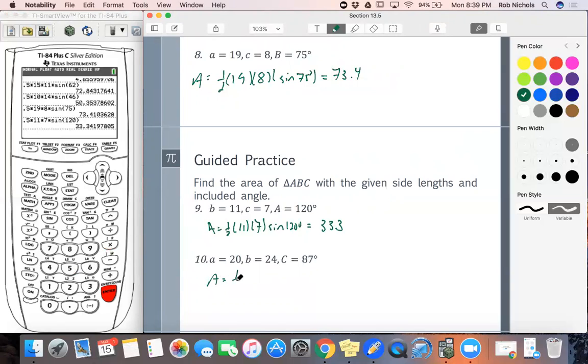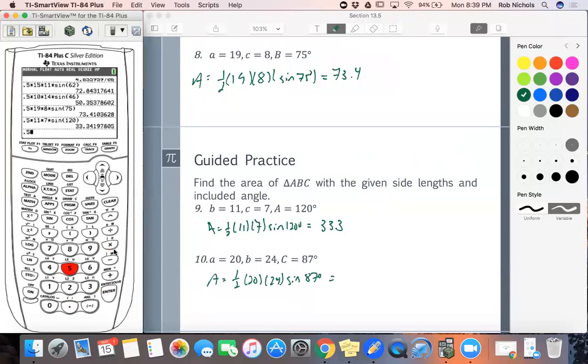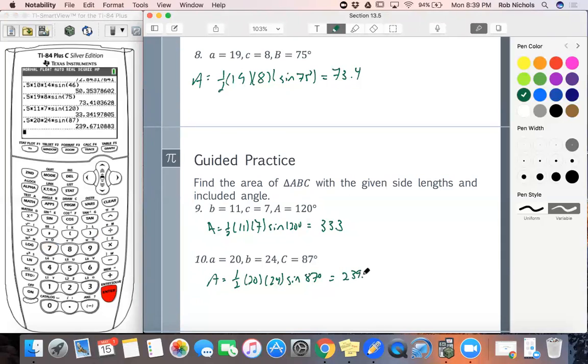A equals 1/2 times 20 times 24 times the sine of 87 degrees. 0.5 times 20 times 24 times the sine of 87. And we get, big one, 239.7. And there you go.